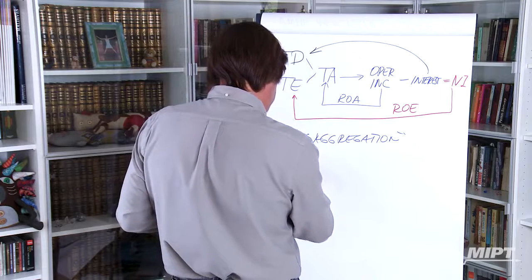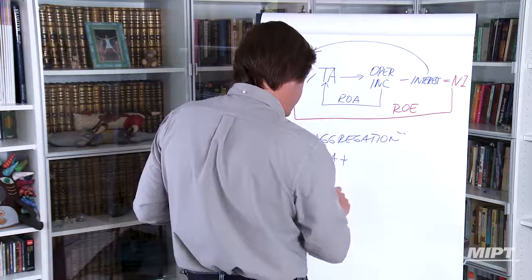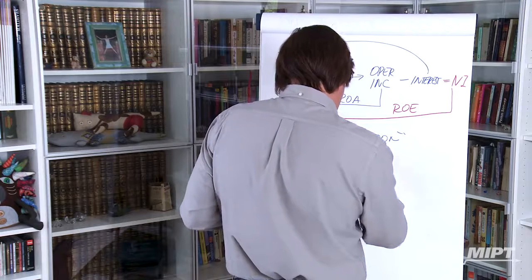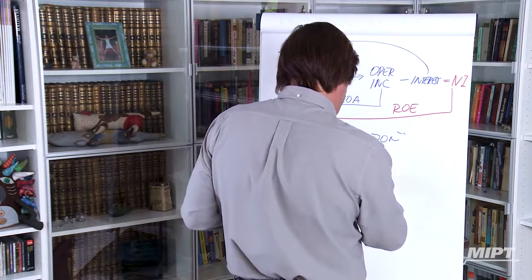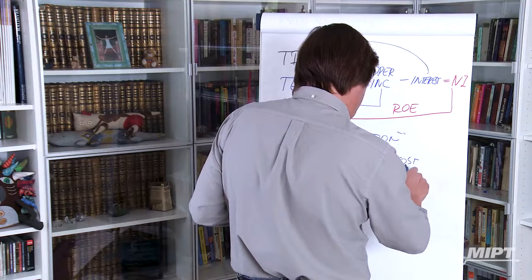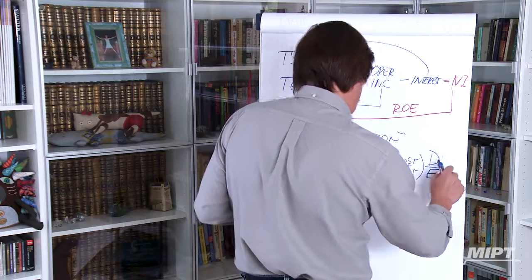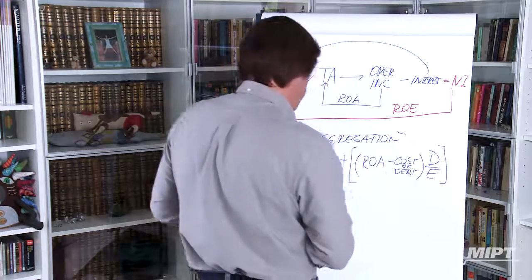Return on equity can be written as return on assets plus, and then goes a brace, and in this brace, return on assets less cost of debt, and then multiplied by debt to equity, or the leverage ratio.